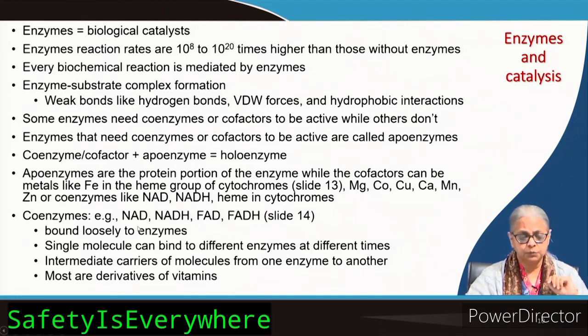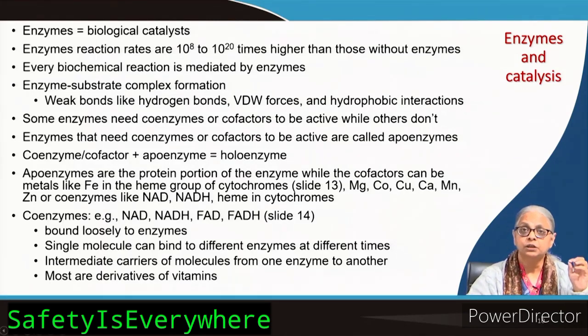So coenzymes, we have NAD, NAD plus, NADH, FAD, FADH, and we will be going through more of this in the next few slides. They all bind loosely to the enzyme. A single molecule can bind to different enzymes at different times. They are intermediate molecules, carriers of molecules from one enzyme to another.